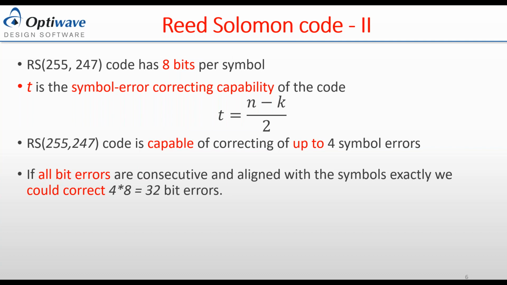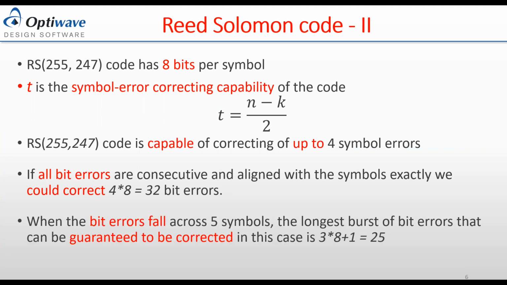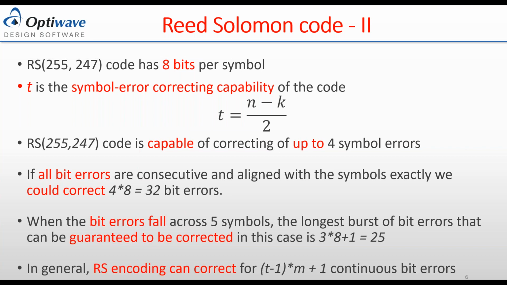Now it depends on the location of these errors in the received code. If they are consecutive errors, then you should be able to correct up to 32 bits. However, if these errors are located across more than 4 symbols, let's say for example 5 symbols, the maximum number of errors we can correct is defined by the formula (T minus 1) times m plus 1.